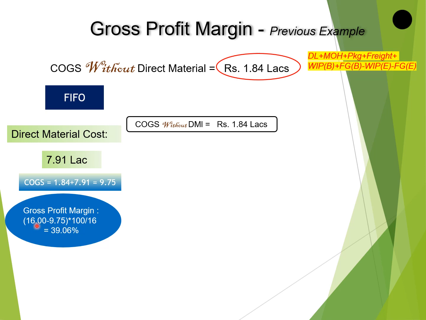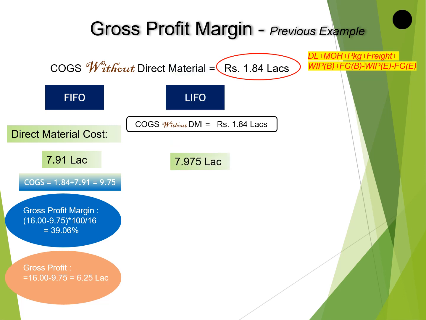So revenue minus COGS, 16 minus 9.75 into 100 divided by revenue. So this is 39.06%. And gross profit was simple, 16 minus 9.75, revenue minus COGS, that is 6.25 lakhs.